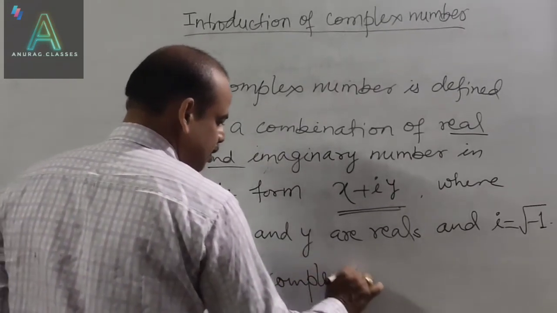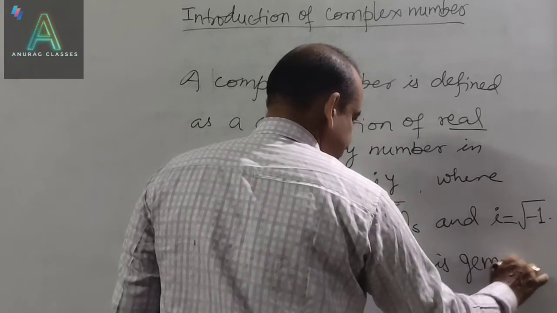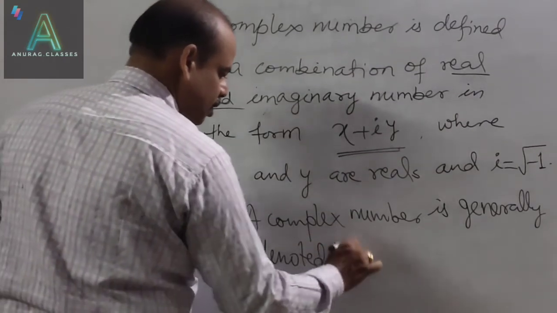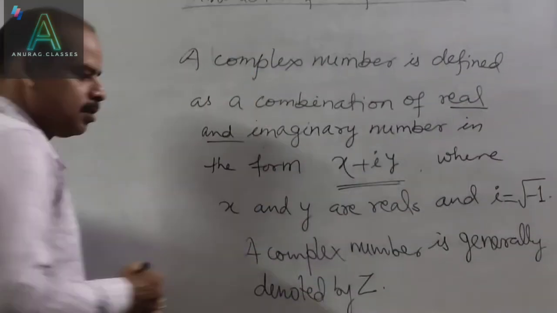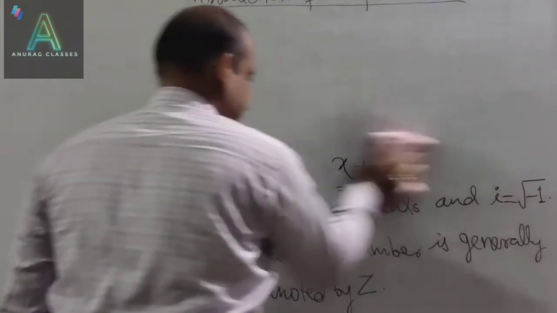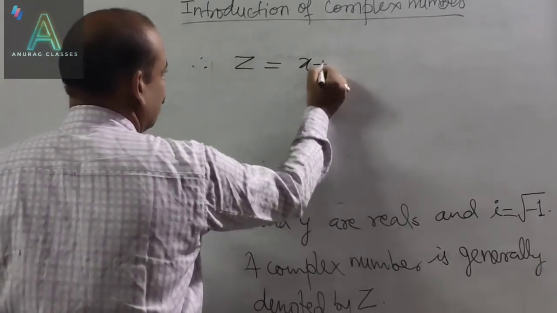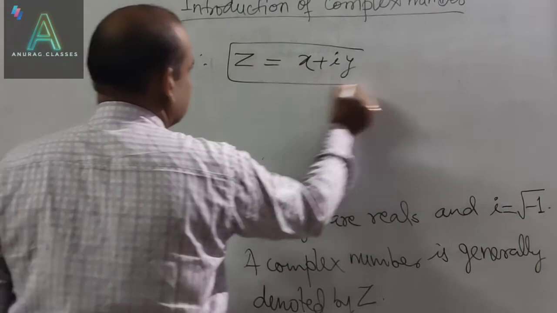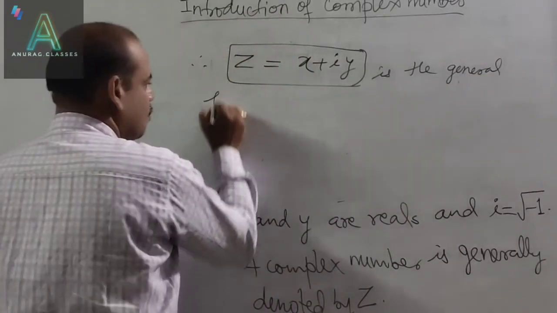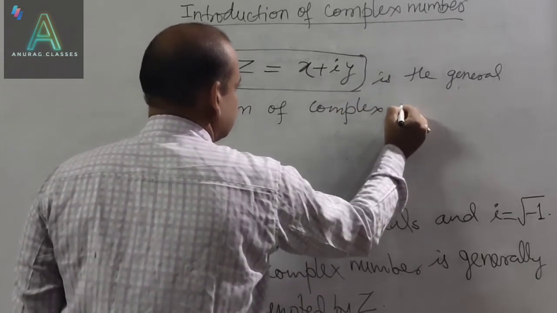A complex number is generally denoted by Z. Therefore, Z is equal to x plus iota y is the general form of complex number.